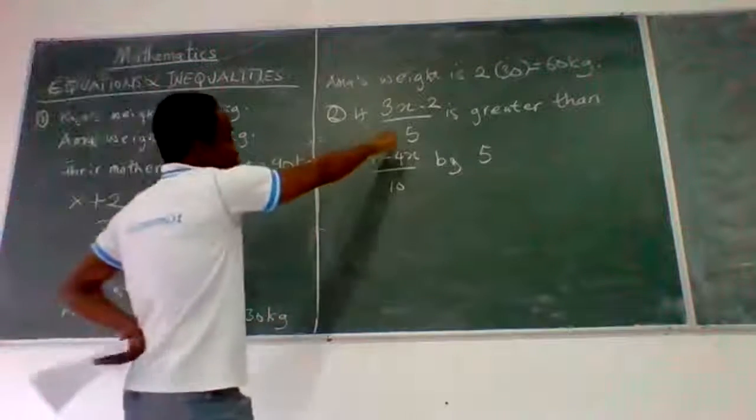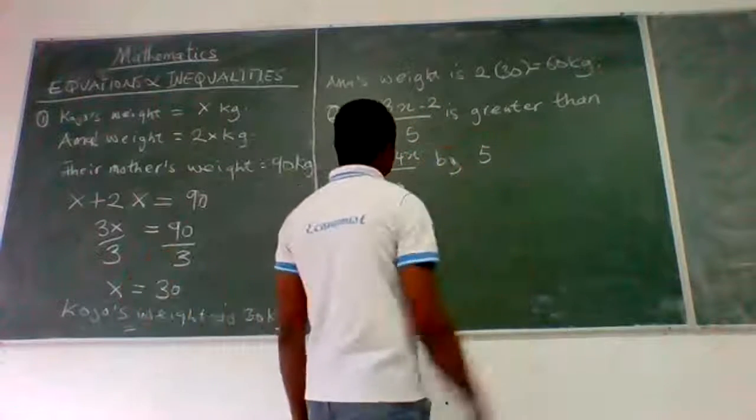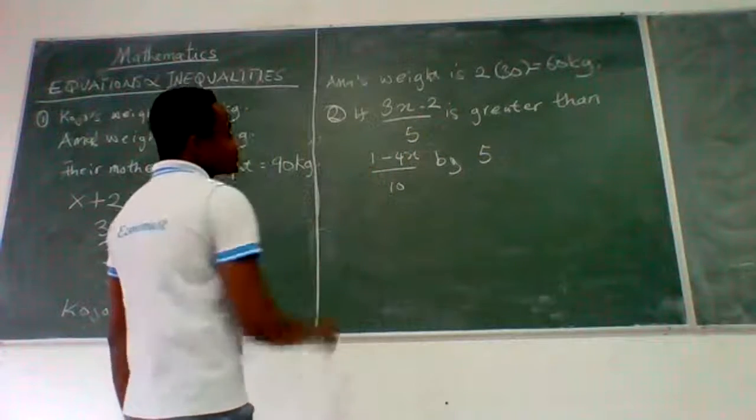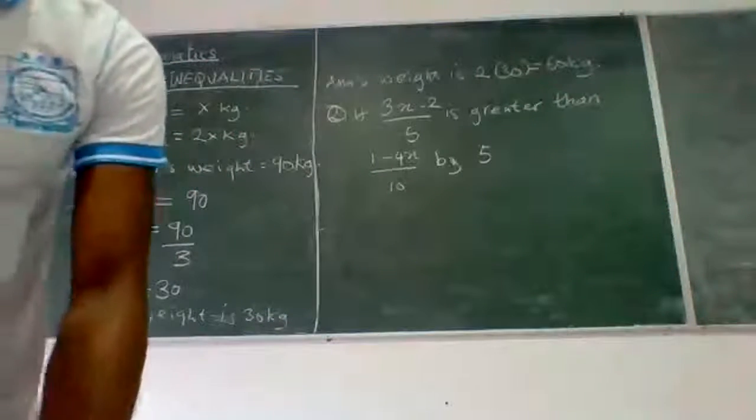So we have this quantity, 3x minus 2 divided by 5, is greater than (1 minus 4x) divided by 10.